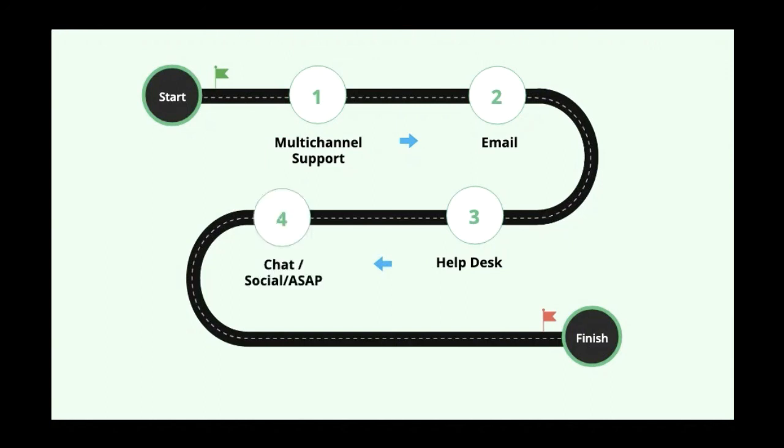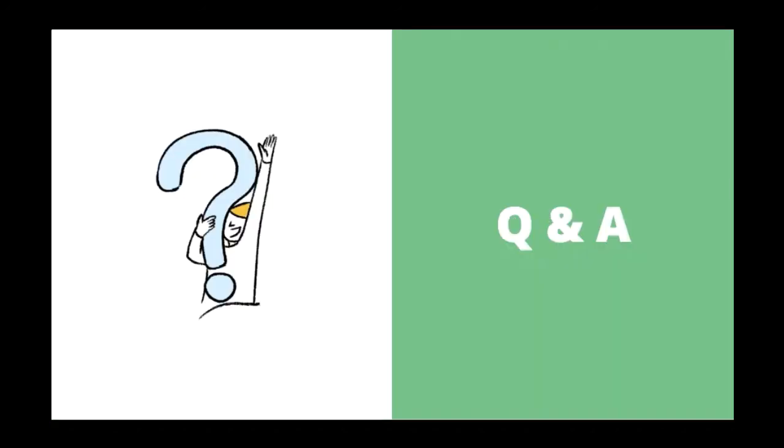Later, he also explained chat, social, and ASAP, and how exactly they make your job easier with Zoho Desk. And finally, he gave us a brief on time tracking, where you can see how long each agent or each department takes on each ticket, which will be very useful for creating an invoice based on the time tracking.